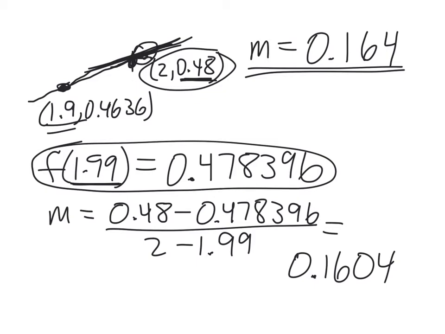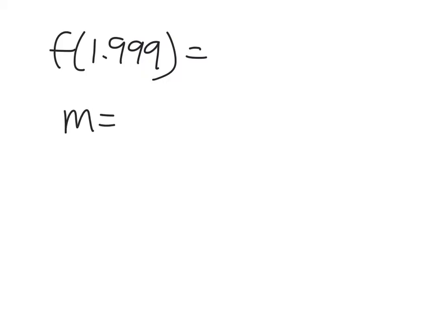1.999, and if that pattern holds true, I think let's go ahead and do one more here. f of 1.999. Go ahead and calculate that, and then we'll calculate our slope.